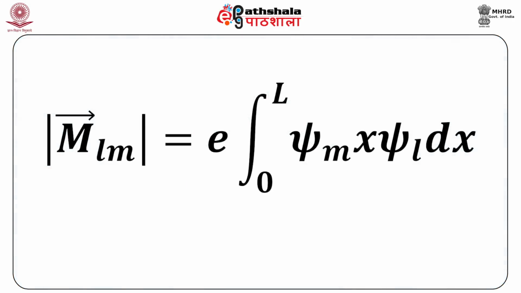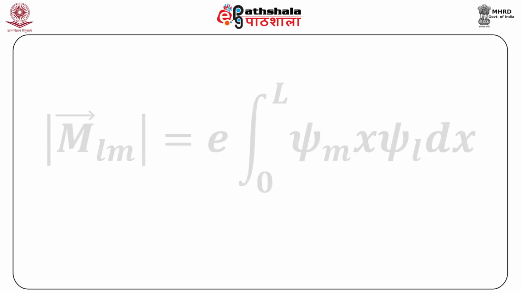The transition dipole moment, you know, for a transition from the Lth state to the Mth state, is given by e, the electronic charge, times the integral from 0 to L, because this is the domain where the electron can stay, of psi m x psi L dx, and in this triple product within the integral, the middle term x is always odd. You know that x becomes minus x when you reflect it through the center.